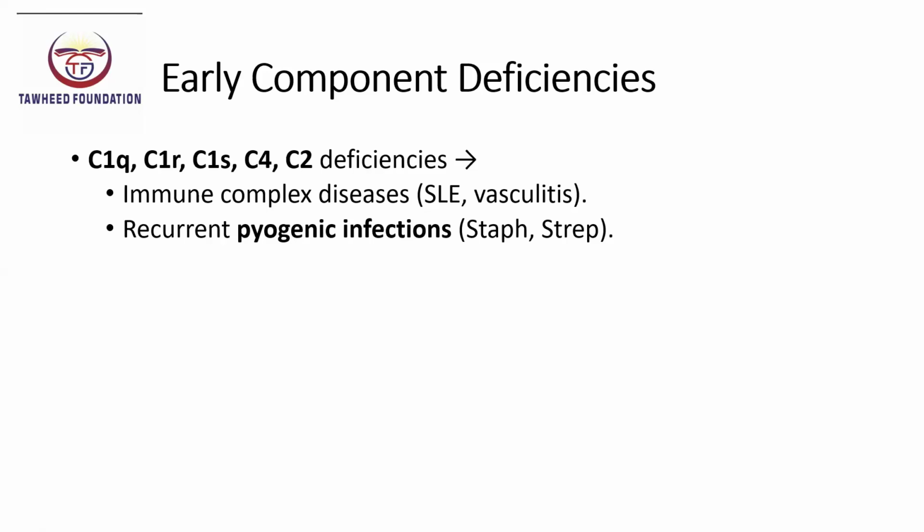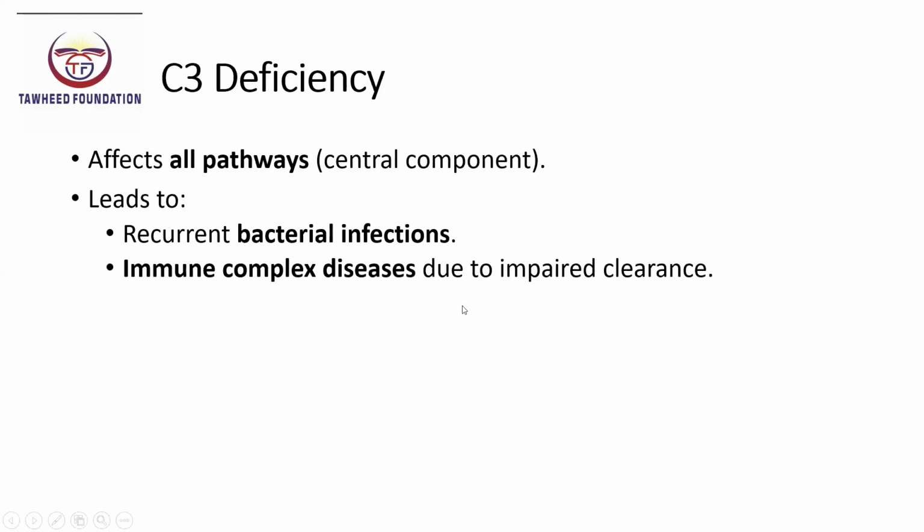This causes immune complex disease such as SLE and vasculitis, as the body fails to remove antigen-antibody complexes efficiently. Additionally, patients with these deficiencies are more prone to recurrent pyogenic infections, particularly from Staphylococcus and Streptococcus species, due to poor opsonization and reduced complement-mediated killing.